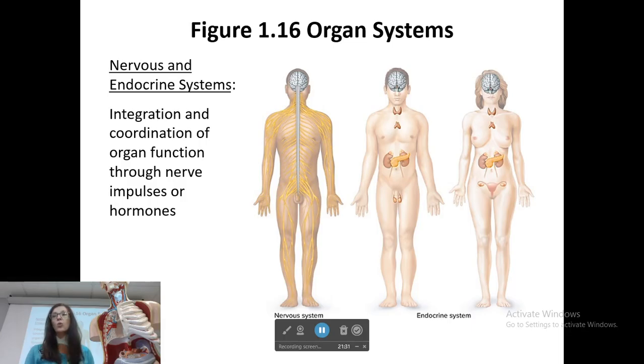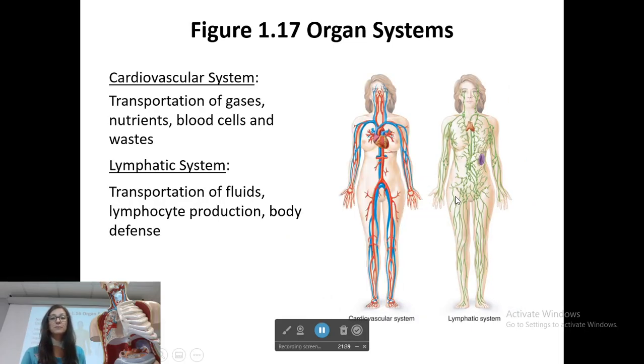Okay? So it's got to work with the cardiovascular system to be able to send those hormones through the body. Okay, the cardiovascular system. Find parts of the cardiovascular system on your model.